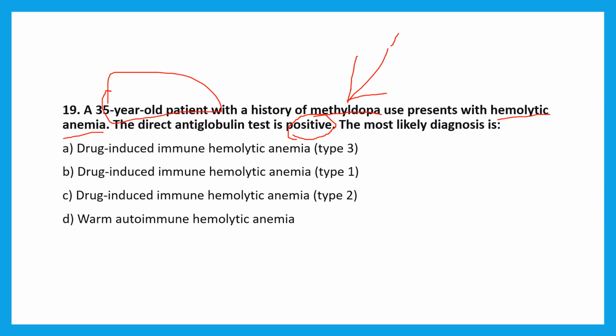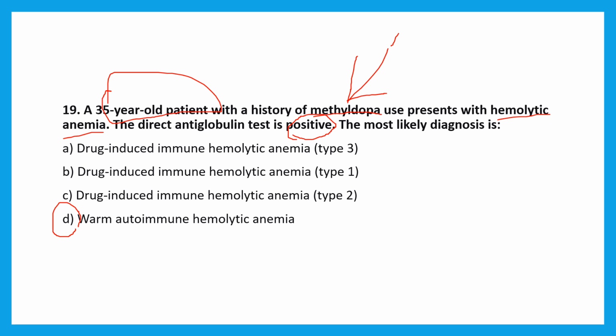This tells us that it is a warm autoimmune hemolytic anemia. When you look at this, the direct antiglobulin test is positive, and the antibodies are directed against the patient's own RBCs, independent of the drug. So all these really tell us that it is autoimmune hemolytic anemia.